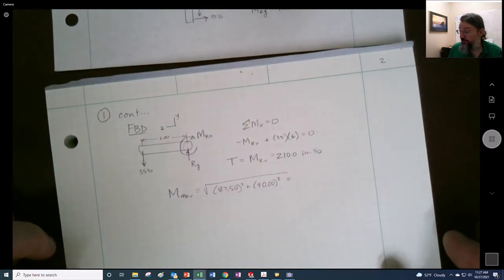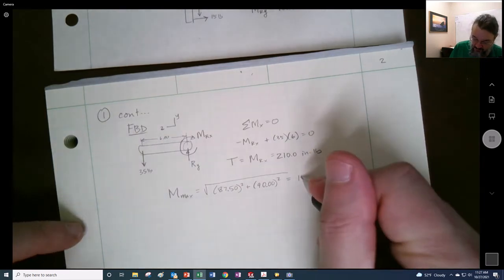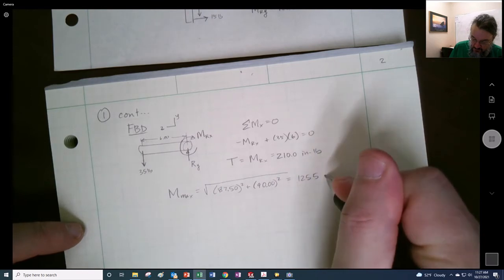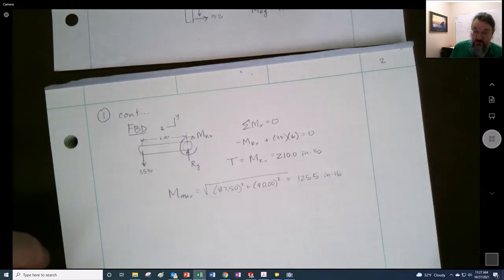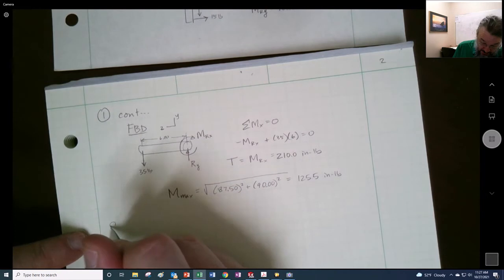I already have that written down there somewhere. I say 125.5 inch-pounds to get 4 sig figs. Now we can go to stresses.